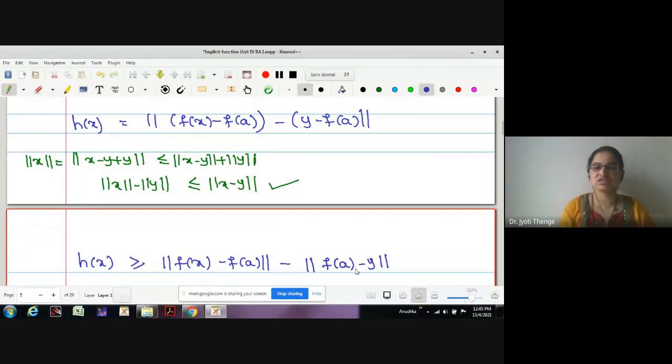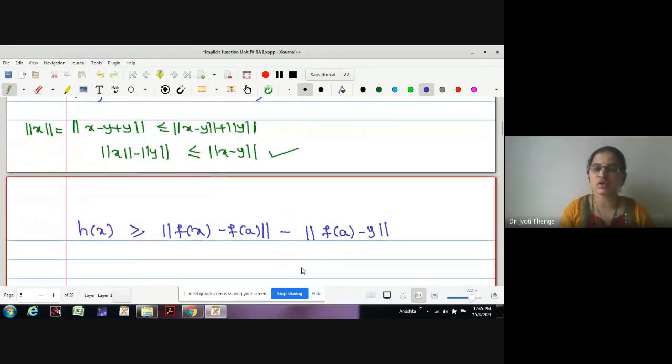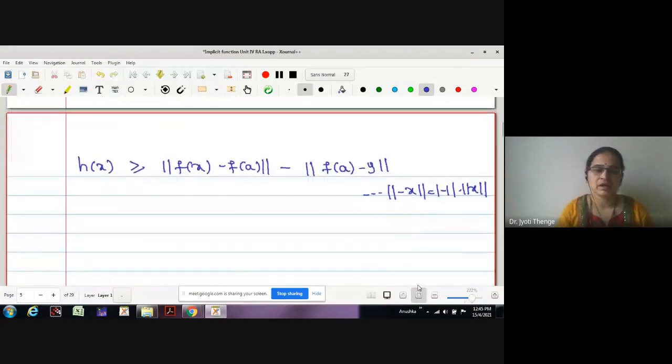I changed this negative sign also because of this fact. What is the fact? Norm of minus x is mod of minus 1 into norm of x, but mod of minus 1 is plus 1. These are some properties of the norm function we were using in order to prove the required result.